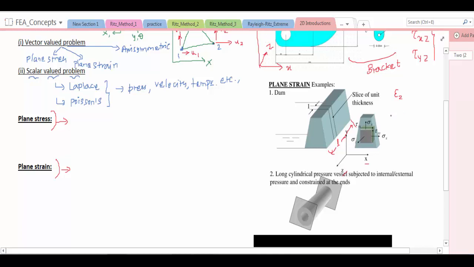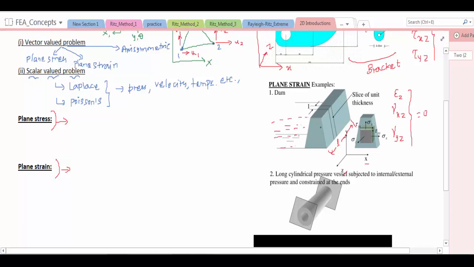Okay, let me write it as another symbol. The strain in the Z direction, the shear strain in the Z direction with respect to X, and the shear strain in the Y direction with respect to Z are also called as 0. Okay, the simplest example is a dam, where the water will be stored.